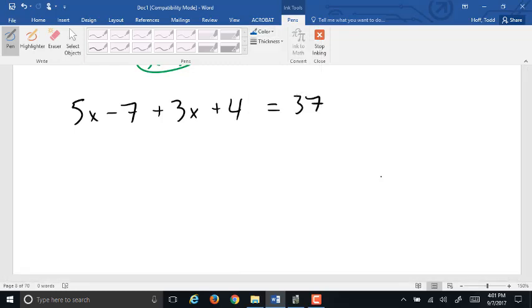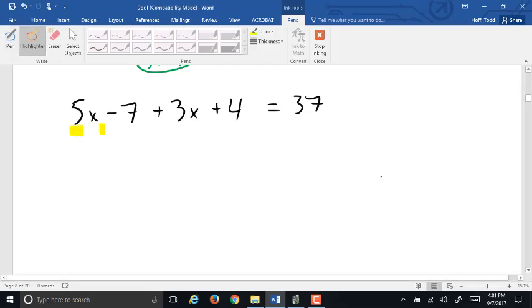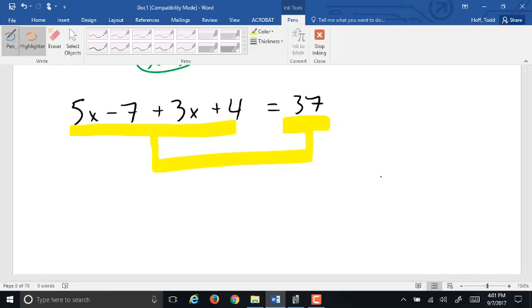So before we start taking it apart, we have to get it down to where the variable appears once. So thinking of that balanced scale again, we have the two sides of the equal sign. We can take what's on that left side and we can simplify it just like we would any other algebraic number. What can we combine over there?